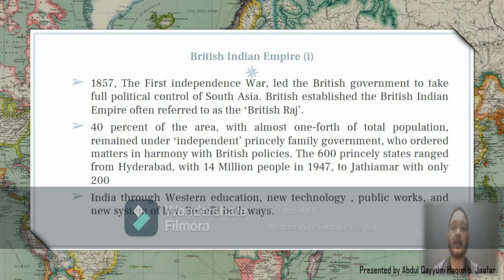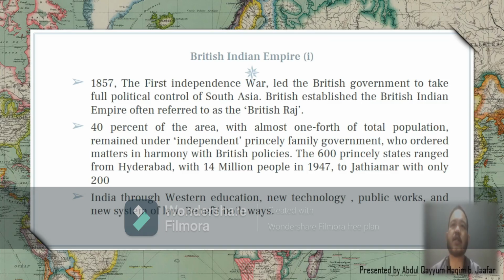Okay, for the British Indian Empire, point number 1: in 1857, after the first war of independence, the British government moved to take full political control of South Asia. The British established the British Indian Empire, often referred to as the British Raj. 40% of the area, with almost a quarter of the total population, remained under independent princely family governments, who ruled in harmony with British policies.